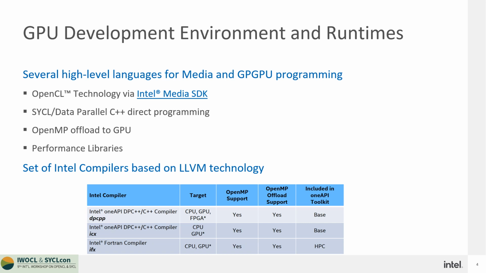All those are supported with a set of Intel compilers, which are available either for classic programming in C, C++ for CPU, and programming in high-level languages for GPUs, CPUs, and FPGAs.